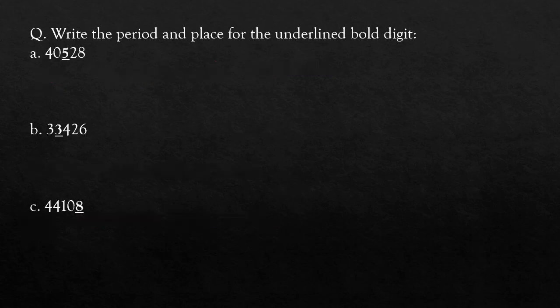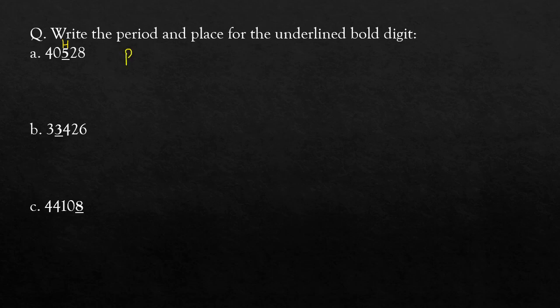In the next question, we have to write the period and place of underlined bold digit. You can see the first number given to us is 40,528 and here 5 is underlined. So what is the place of 5 here? You can see it's hundreds place. 5 is at hundreds place.